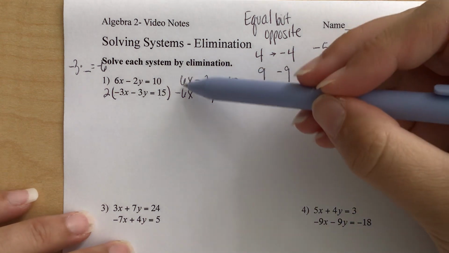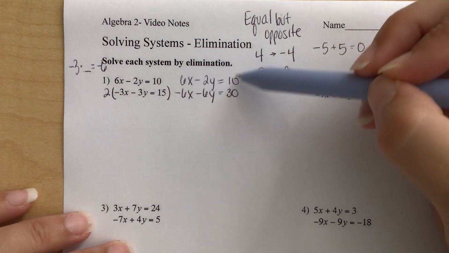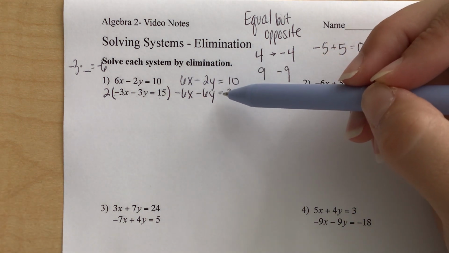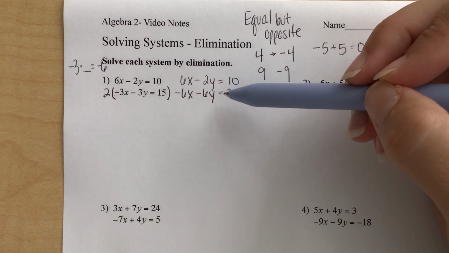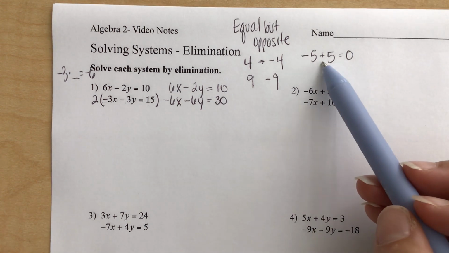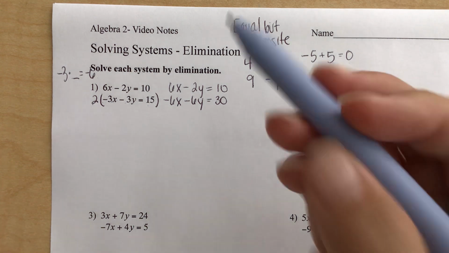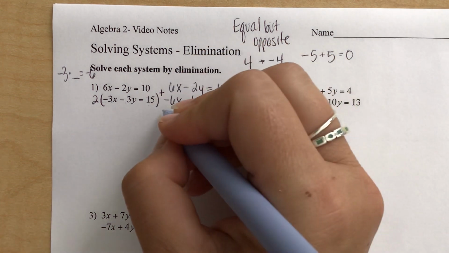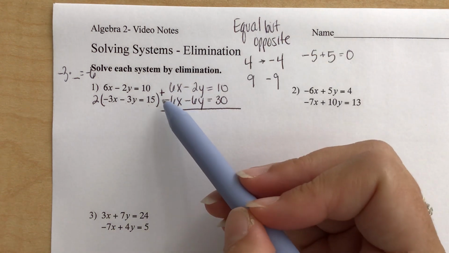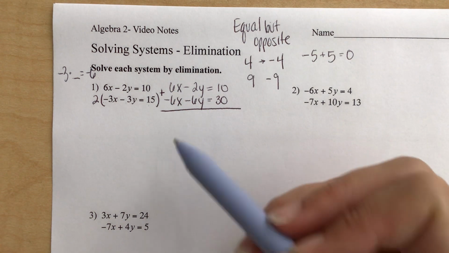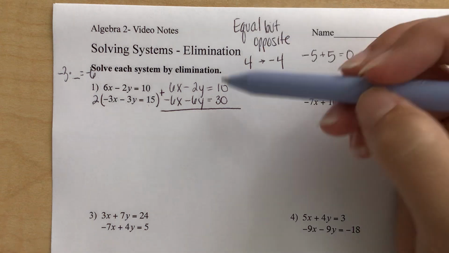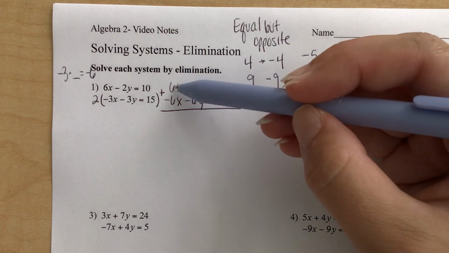All right, so now here's my new system right here. This is the one that I'm using. Now in order to eliminate the variable, remember equal but opposite, we said when you add equal but opposite numbers, it always equals 0. So we are going to add these two equations, and we always add. If you look, your terms are already lined up by like terms.